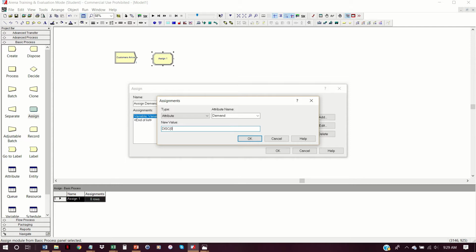So with 0.167, we're going to have a value of 1. Then cumulatively with 0.5, we'll have a value of 2. With 0.833, we have a value of 3. And then cumulatively, probability 1, we have a value of 4. So what this will do, it will assign one of these 4 values, 1, 2, 3, or 4 with these probabilities. Okay.